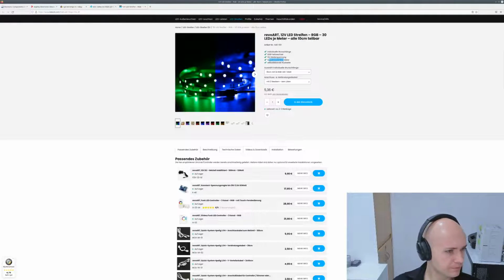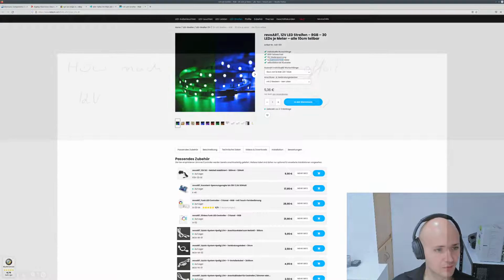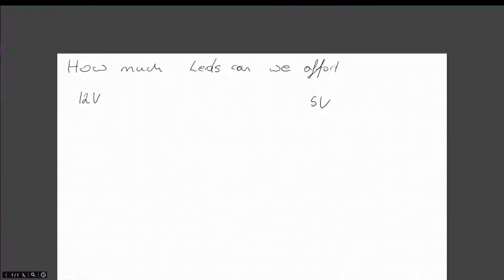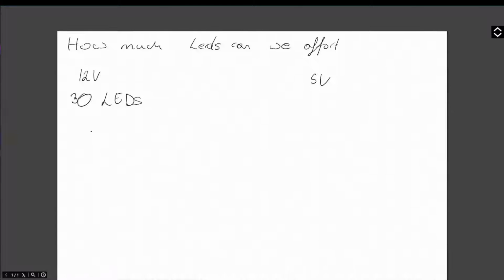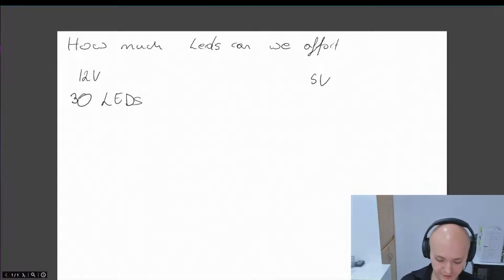For that, I will change something. So for the 12 volts with 30 LEDs, we are working with 6.5 watts per meter.